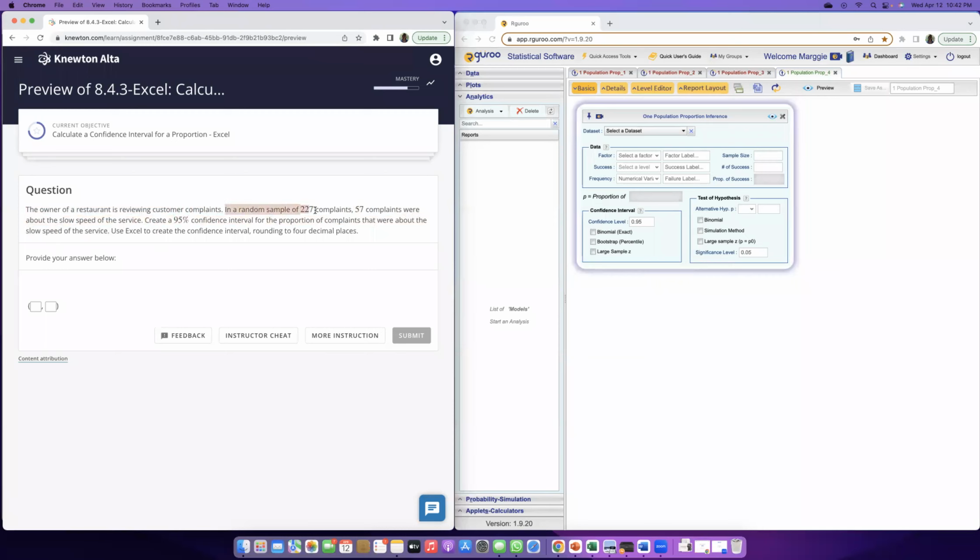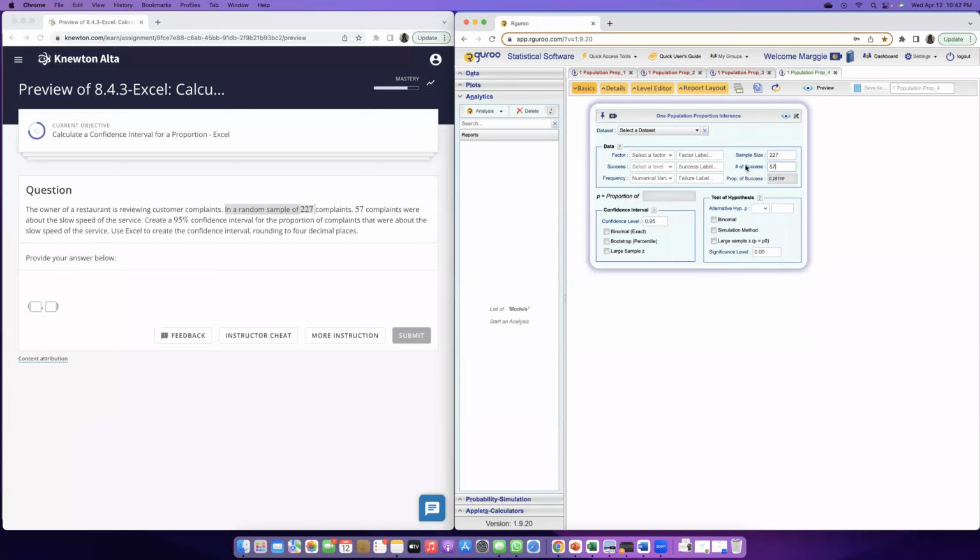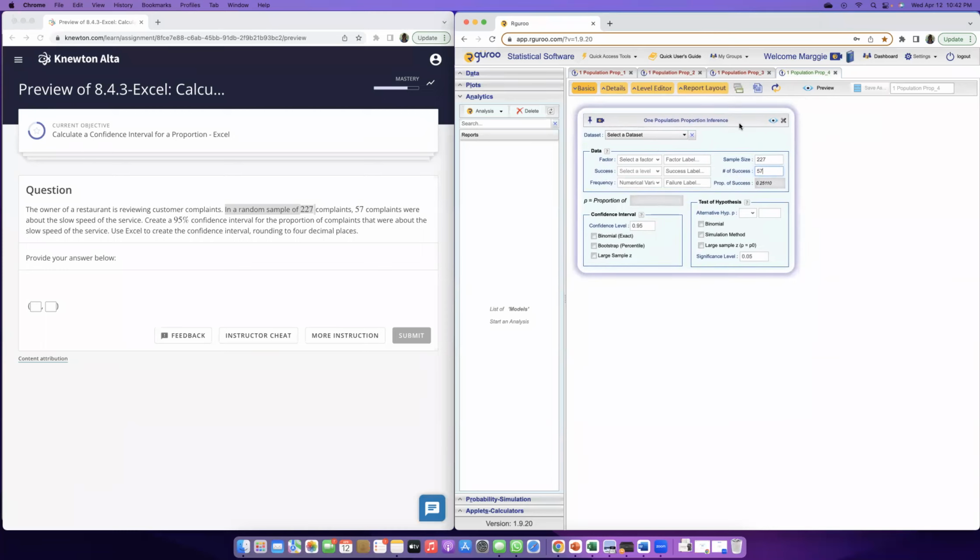All right, so random sample of 227. That's my sample size. 57 of those were complaints about slow speed. So again, that is my success because that's what I was looking for. The proportion is 0.2511. So do not think about number of success as something positive. Number of success means that you observed what you wanted to observe.